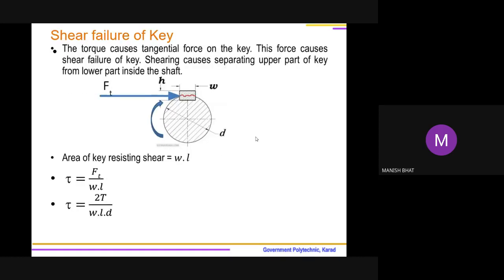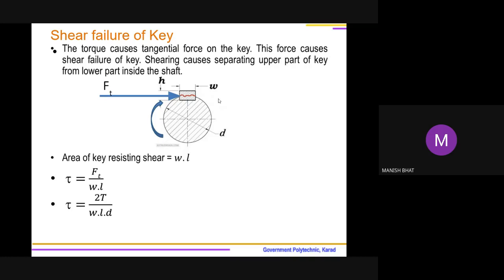Now this Ft causes failure, as seen in this diagram, failure of the key. Half portion of a key is fitted inside the shaft, and the upper half portion of the key is fitted inside the coupling. So when force Ft is trying to rotate the shaft, imagine that the coupling is unable to move due to very heavy load. It is locked, say, and the shaft is rotating.